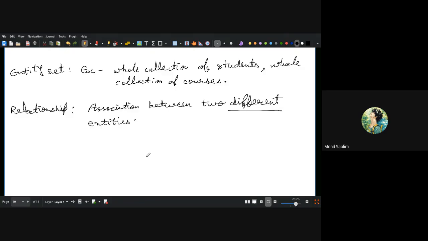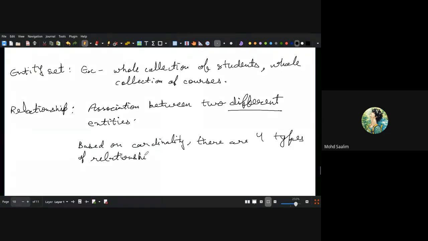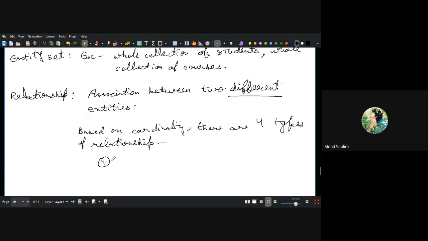And there are different types of relationship based on the cardinalities. So based on cardinality, there are 4 types of relationships. The first one is one to one.